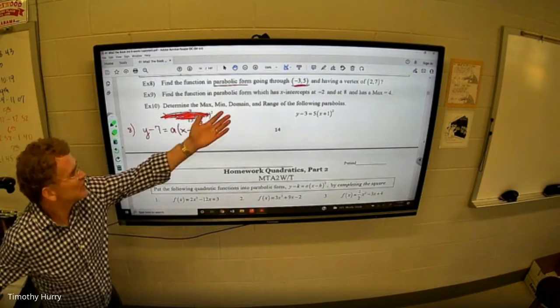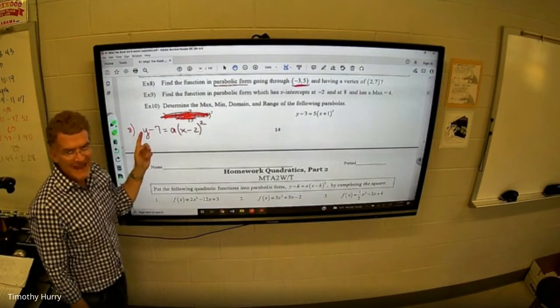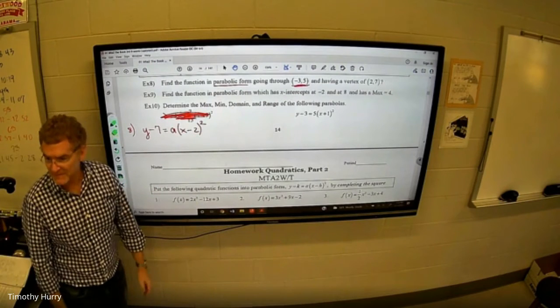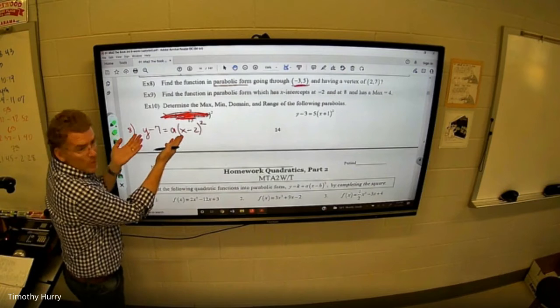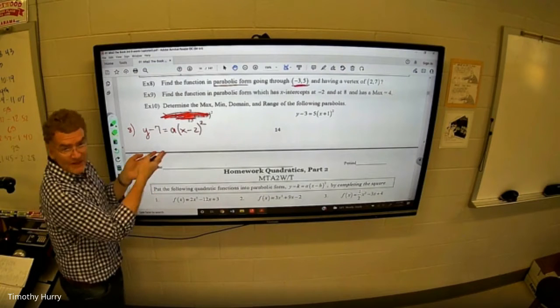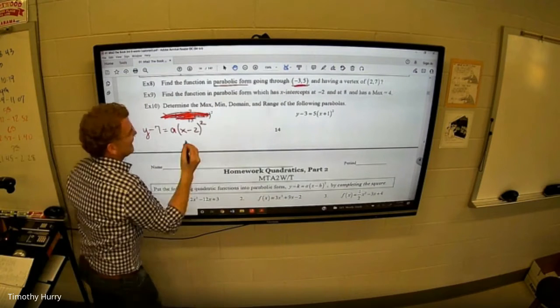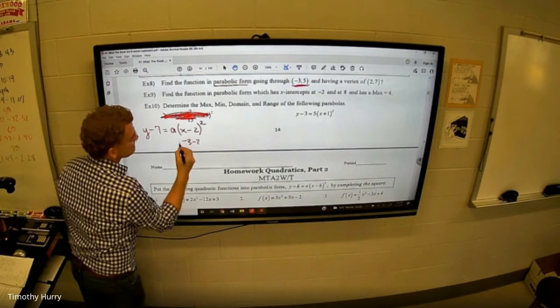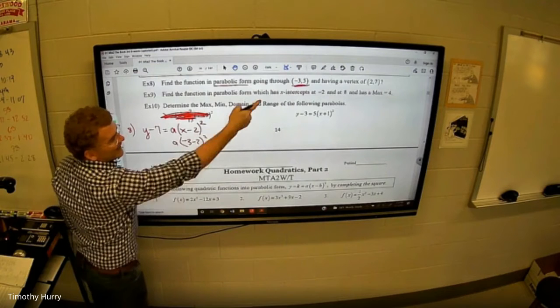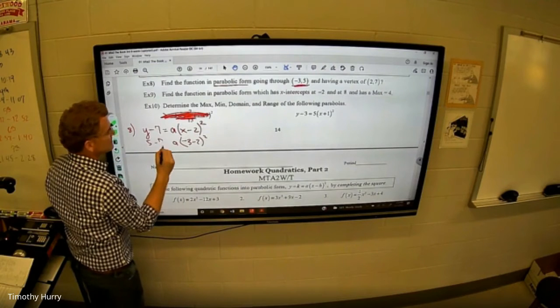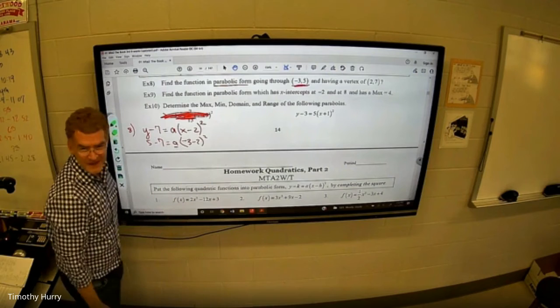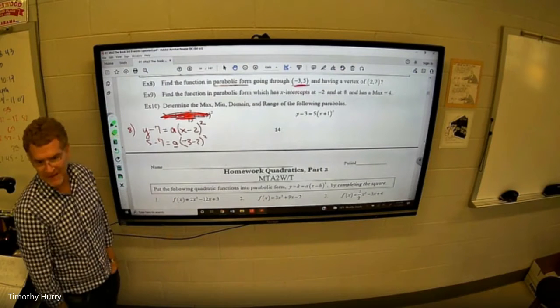Couldn't I use that for one of the many XY combinations that I have? I mean, there's an infinite number of points that would make this true if I get the right A value. That's one of them. But if I take that and I shove it in for X, and I shove the 5 in for Y, the only variable left is A. Doesn't it stand to reason I can find A that way?